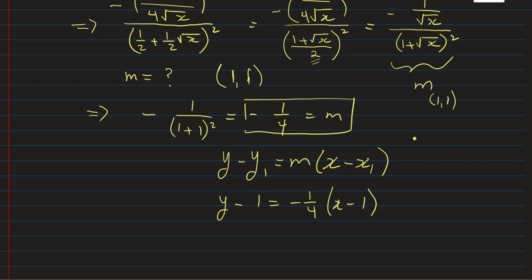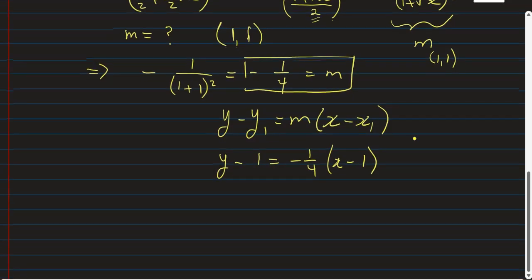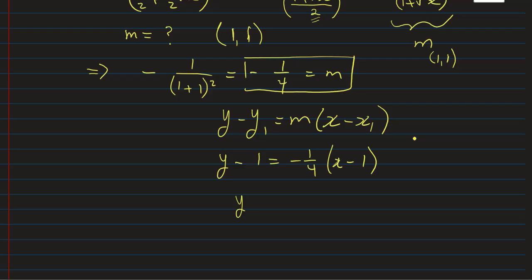If you really want to put it in general form or slope-intercept form, let me write the general form first. The general form will end up being 4y plus x is equal to 5. From this point on, you can change that to the slope-intercept form if you want.